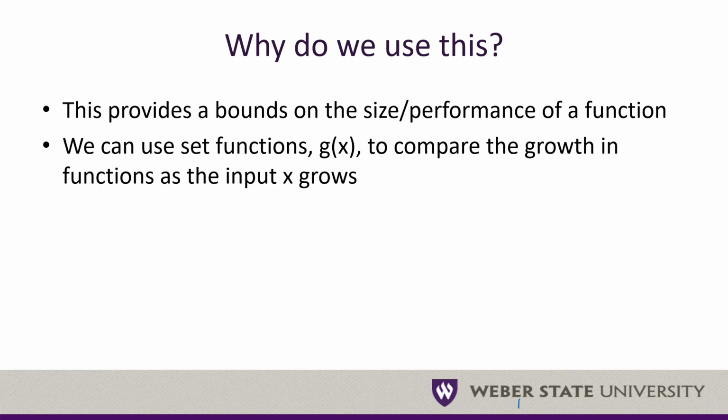We use the set functions to compare the growth, and those set functions are really determined just by the functions that you've already seen. Usually we start with log n, or actually we start with a constant. If I have, for example, my function f of x is equal to 3, and g of x could be a constant as well. 3.1 will always be greater than 3.